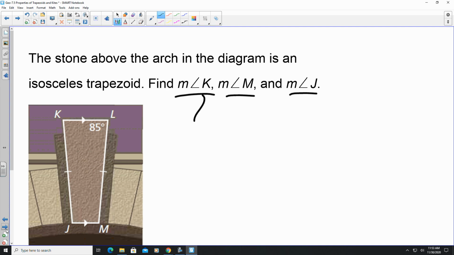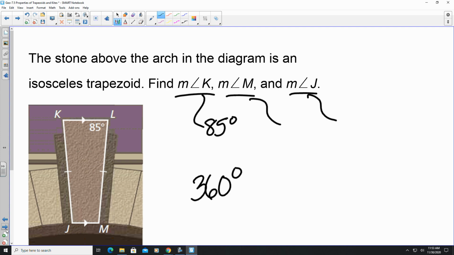K is actually going to be the same as L, so K is 85 degrees. Now, M and J are going to be the same. We just don't know what it is yet, but we also know that the sum of all four of these angles is going to be 360 degrees.